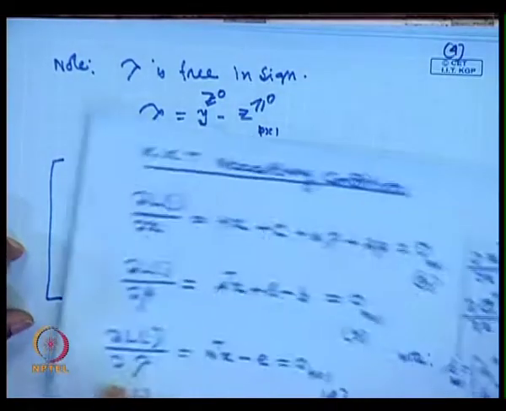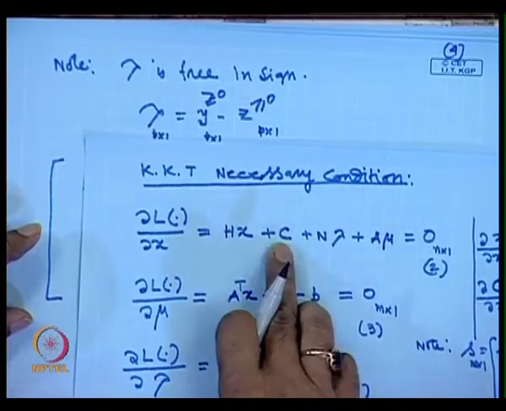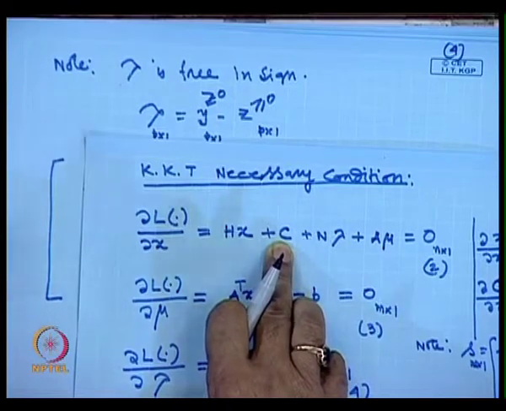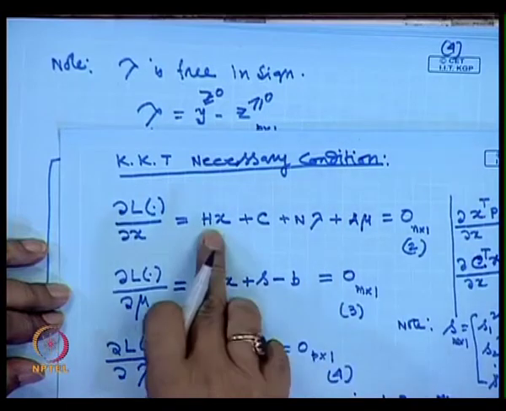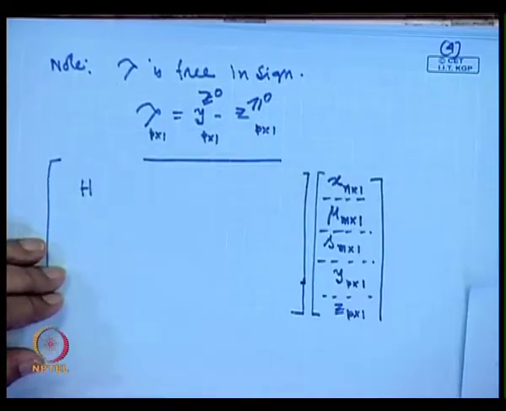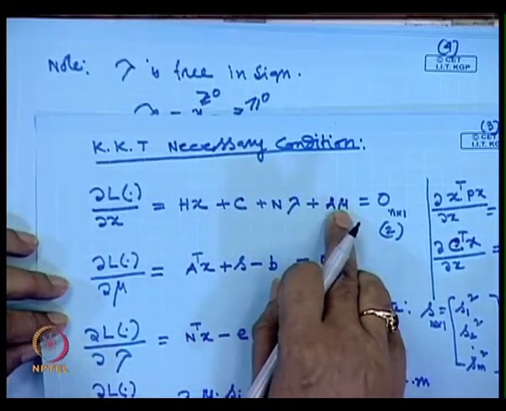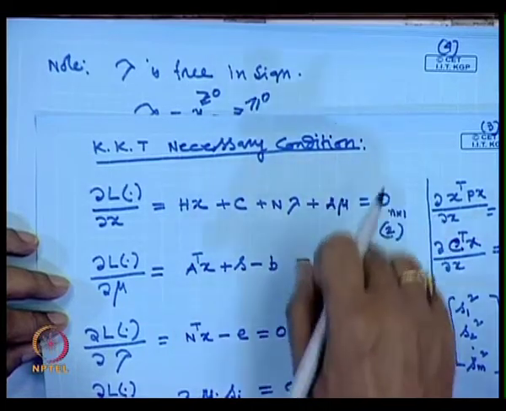So, from equation number 2, what can we write? c. This is the constant. This we know from the description of the problem. So, I will take that on the right side of the equation. So, h multiplied by x, then you see the next variable is mu, a multiplied by mu, mu is a column vector.